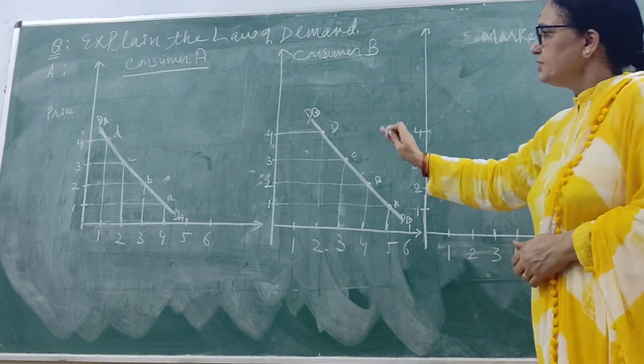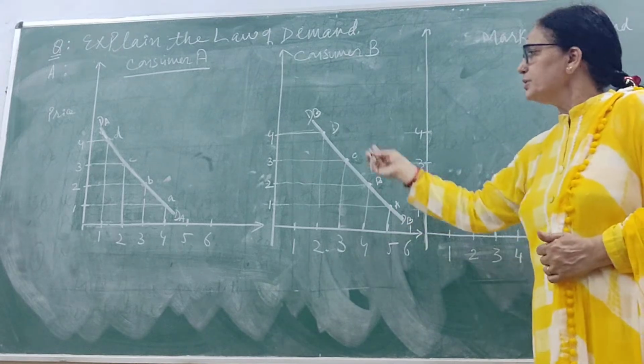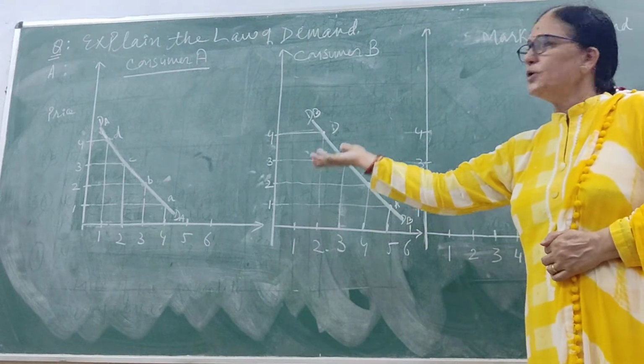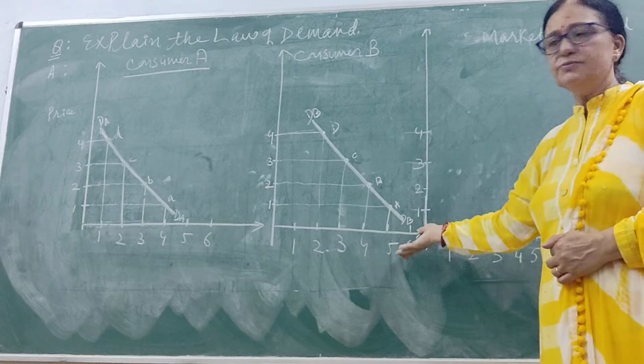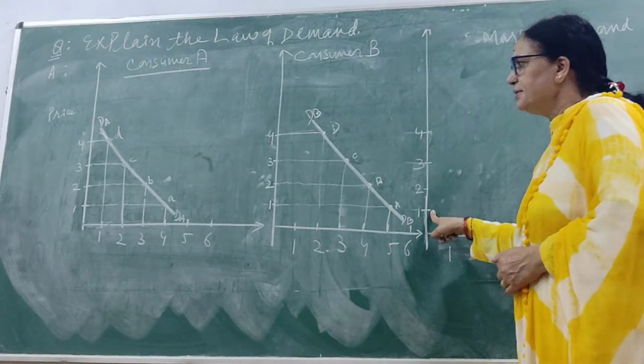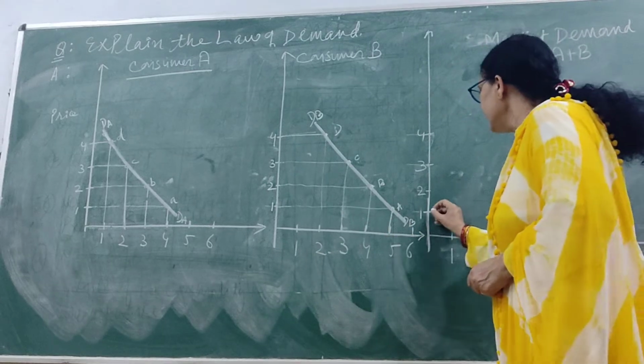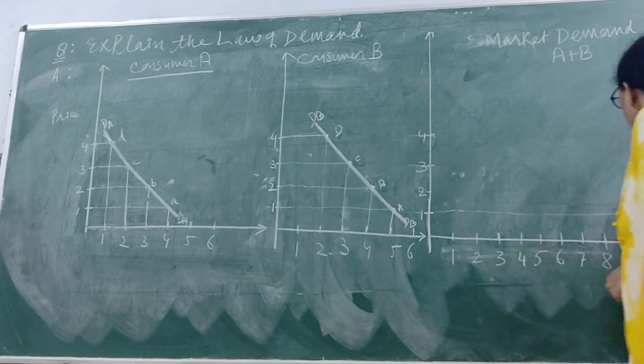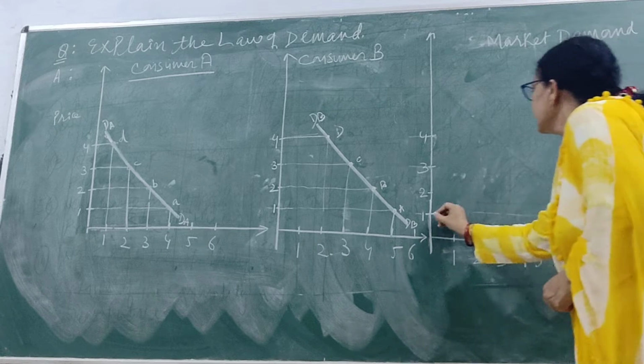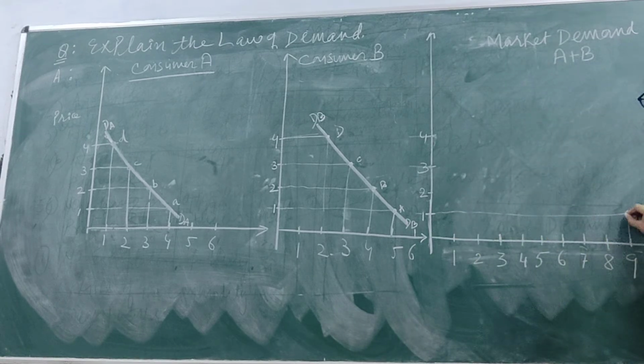A plus B. So you can look from the schedule, or you can make a lateral summation from curve A plus B. So at price 1 the demand here is 4 plus the demand here is 5. So at 1 the market demand comes to 9. Market demand is 9. This is say A1.